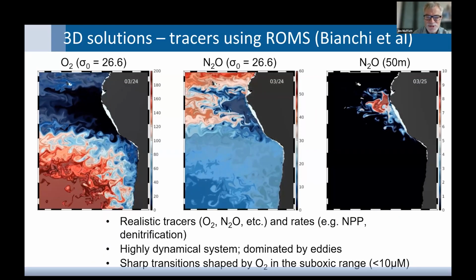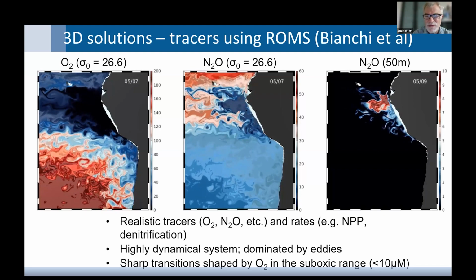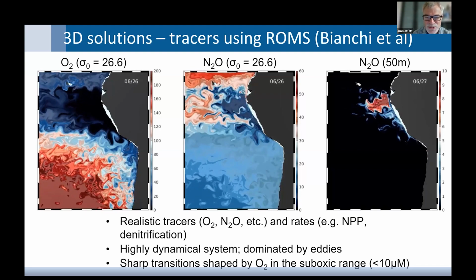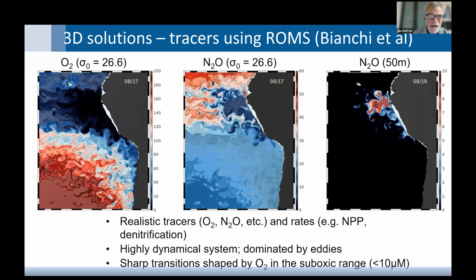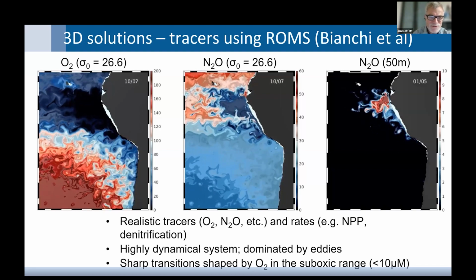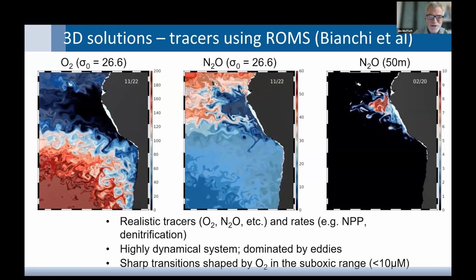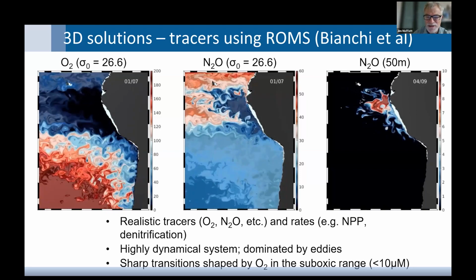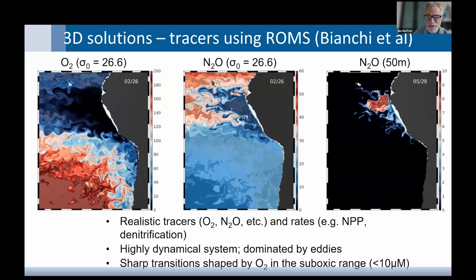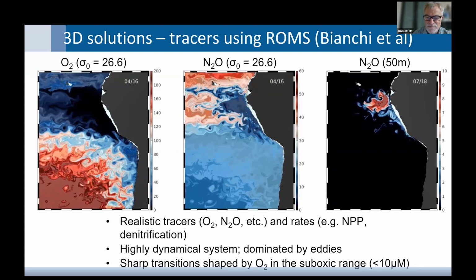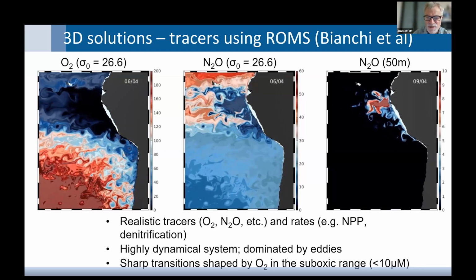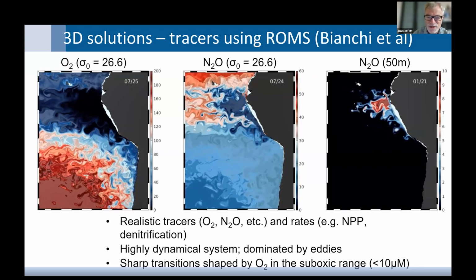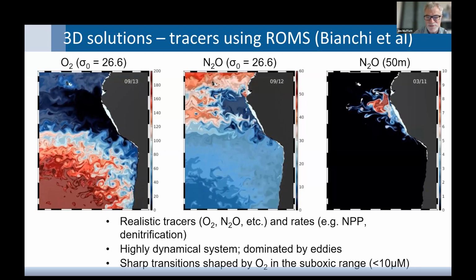These are some simulations that were shared with me by my collaborator, Daniele Bianchi from UCLA, showing how these eddies affect the exchange of oxygen and nitrous oxide between the eastern boundary upwelling system off of South America and the interior of the basin.